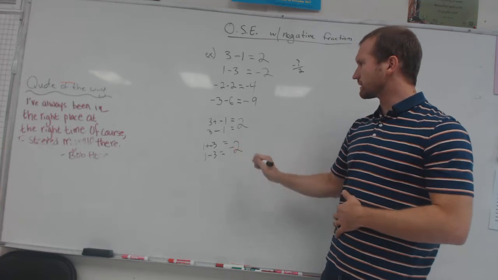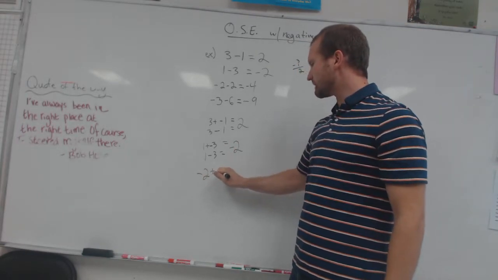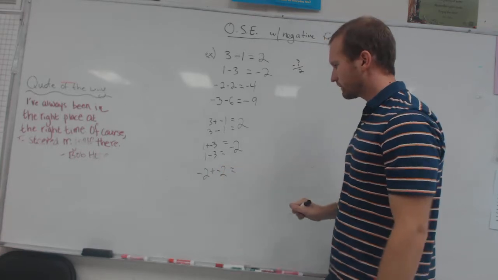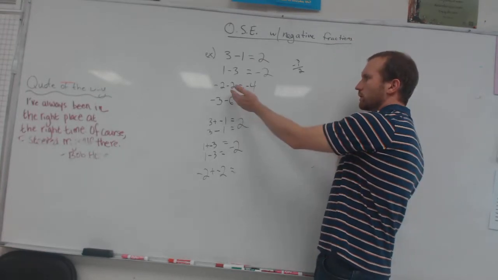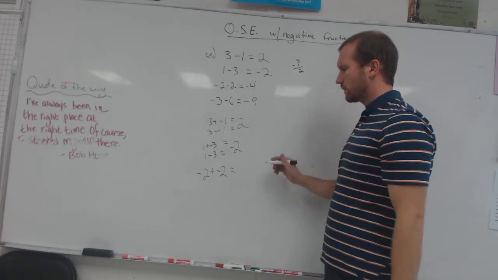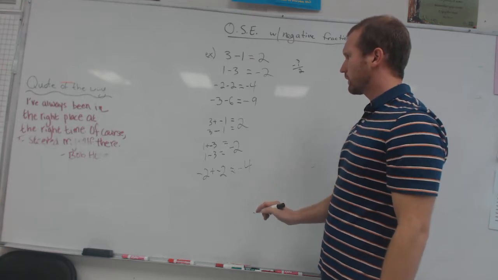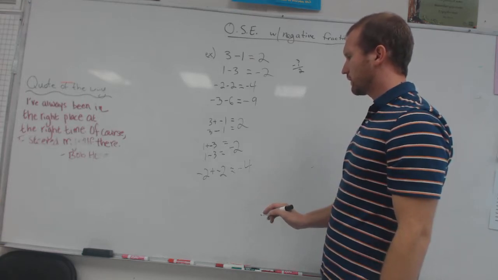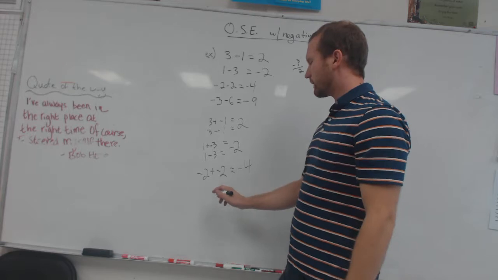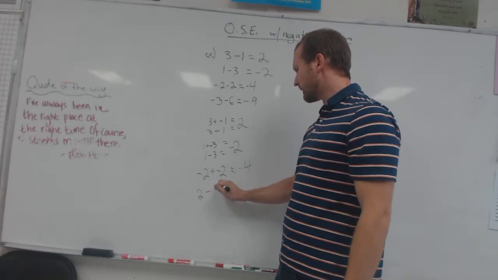Make sure you get all these examples in. What if I had negative 2 plus another negative 2? Same thing as this. So it's negative 4. What if I had, here's kind of a tricky one, 2 minus negative 2?